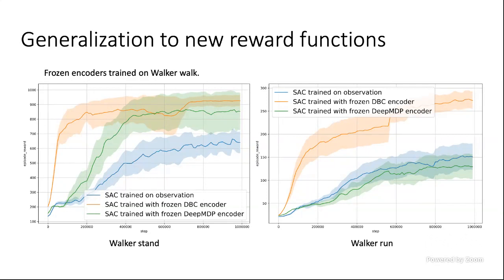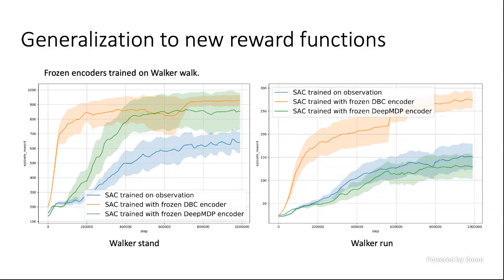So if you try to use that representation to train an agent to pick up cubes instead, it's not going to be able to do that. But in DeepMind control, there are different reward functions that are quite similar. Specifically with the Walker agent, there are three different reward functions that we can look at.